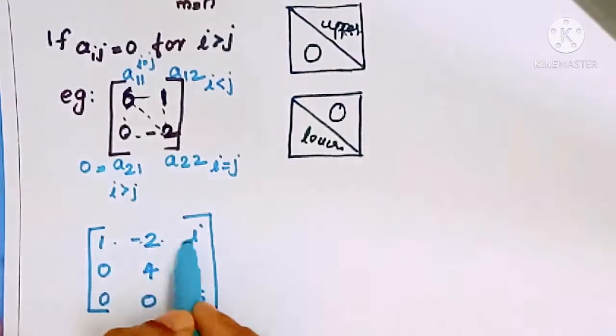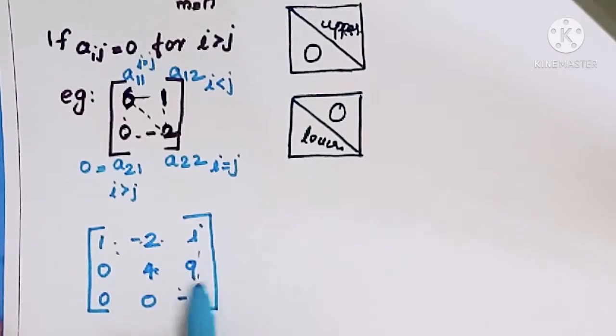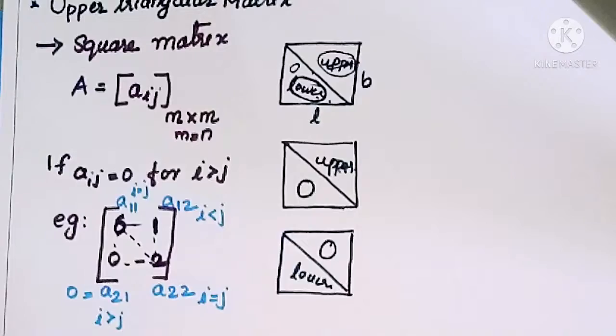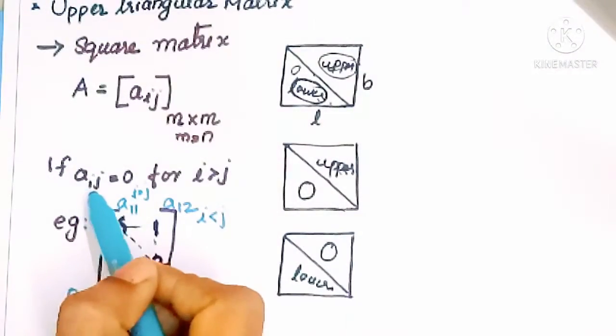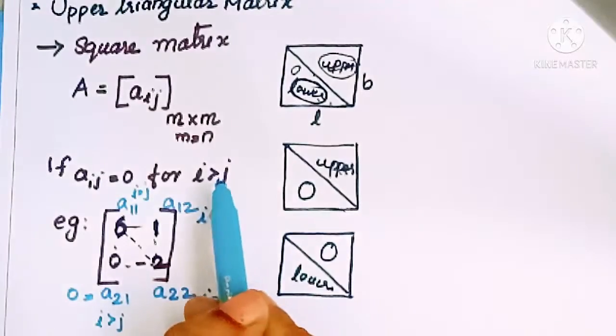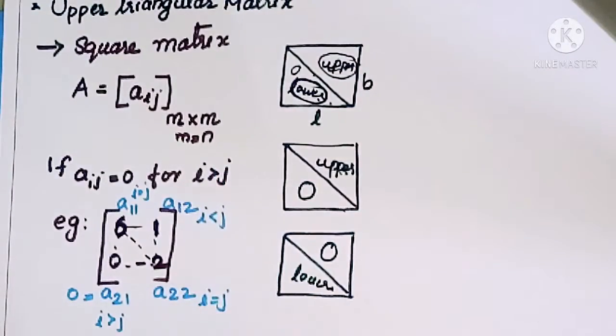Here we have an upper triangular portion with some values. In the lower triangular portion there are no values, all the elements are 0. So what is the condition of an upper triangular matrix? Aij is equal to 0 when i is greater than j.